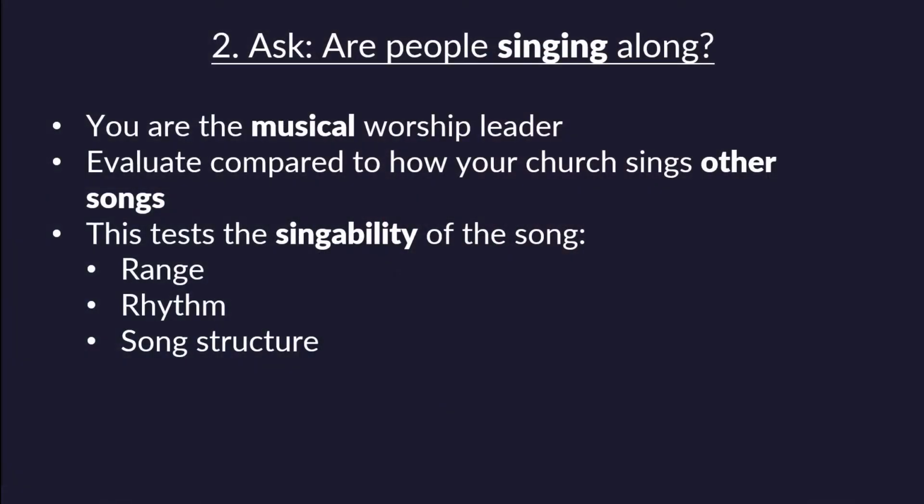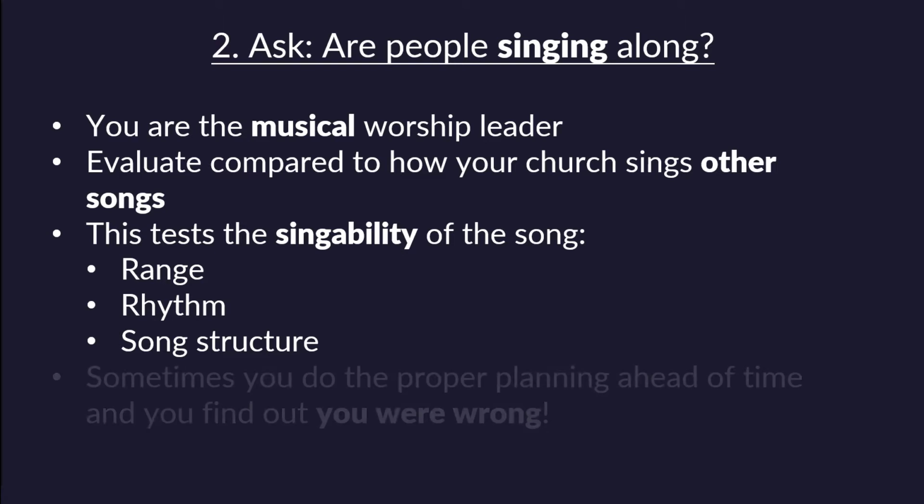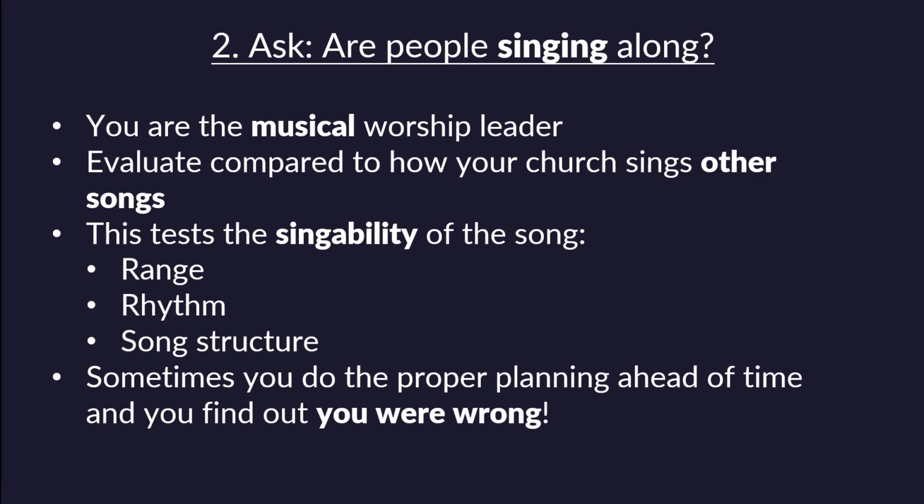So you take this song, and you've already gone through this process of looking at these three things before you picked the song, because we want to pick good congregational worship songs. But the truth is, sometimes you do the proper planning ahead of time, and you find out that you were wrong.